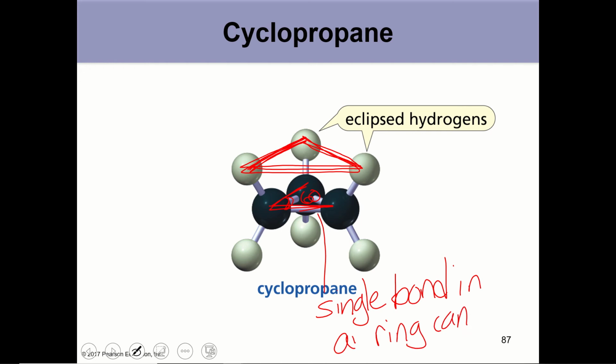So it is locked in the eclipse conformation and has steric strain from the repulsion of the electron clouds of the hydrogens.